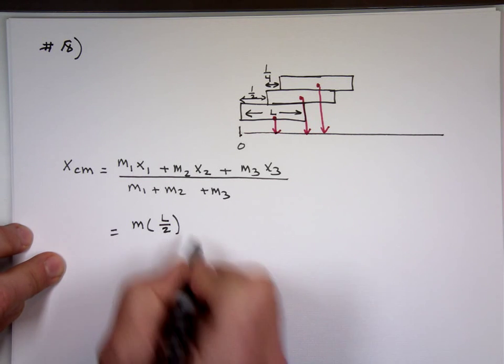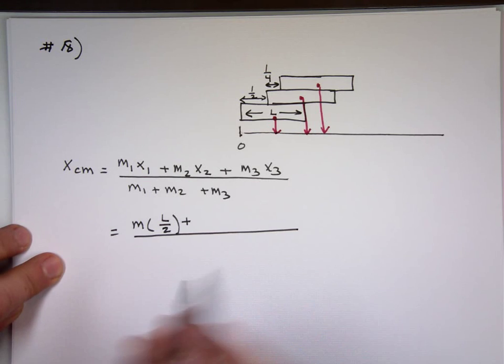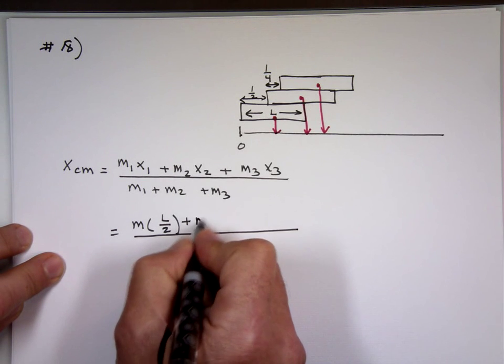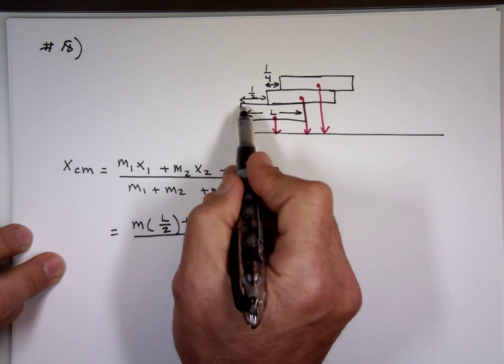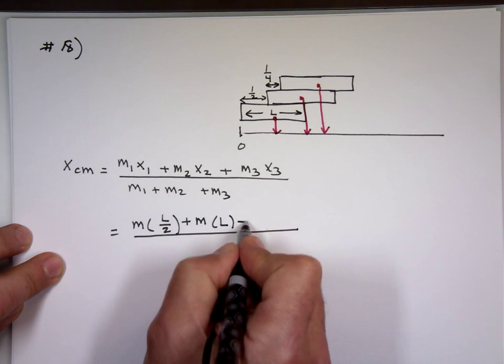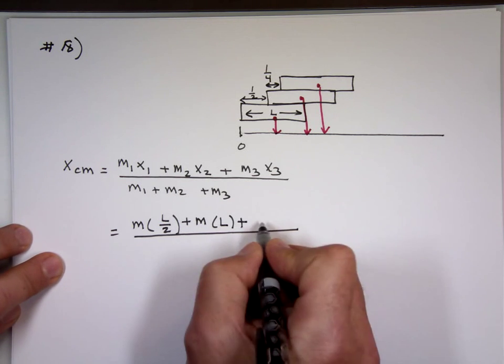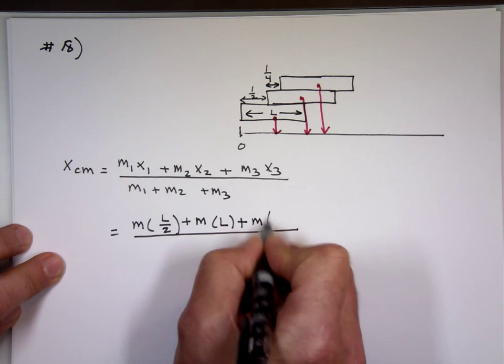Plus, the second one has a mass of m, and the distance from here to here, which is L. And the next one is m times the distance from here to here.